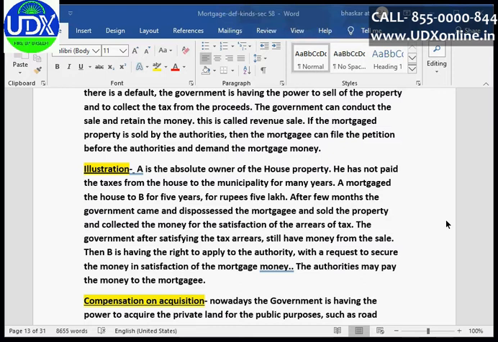saying that here is a property, this has been seized by the government and the owner has not paid the tax for so many years. So we are conducting the public auction on such and such a date and such a time. So the government has given the notice to the common public to participate in the purchase of that property.